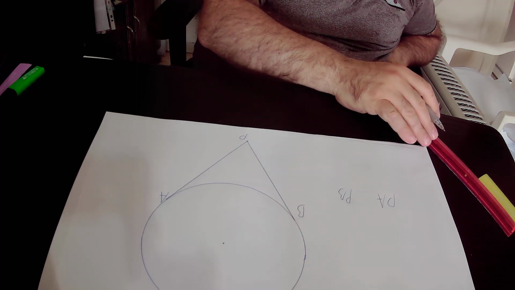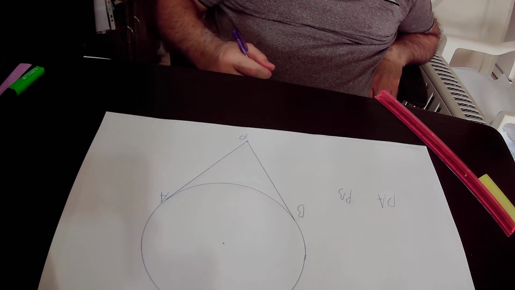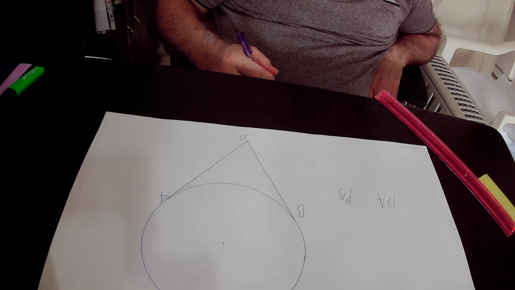So the lengths of two tangents from a common external point to a circle are equal.